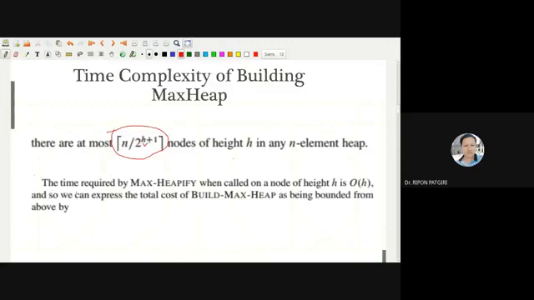So the time required by max heapify, we have said only heapify, right? We have termed it as heapify, or you can term it as reheapify or max heapify. When called on a node of height h, it is big O of h. We assume that it is big O of h.